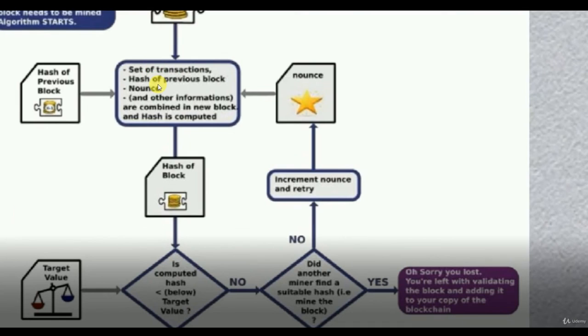We will keep all the transactions in one bucket, and then we will get the previous block's hash, and we'll have the nonce and everything. So the previous block hash is also given as input. So there are two things: one is the set of transactions, as well as the previous block. Everything will be given as new input.